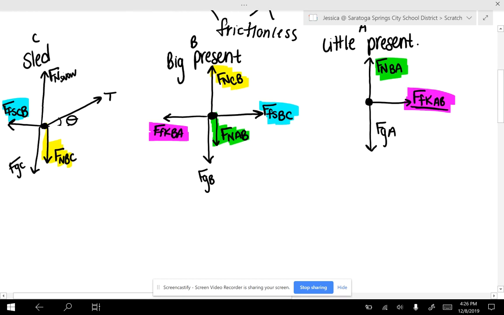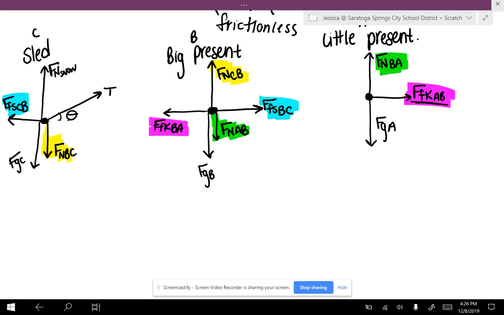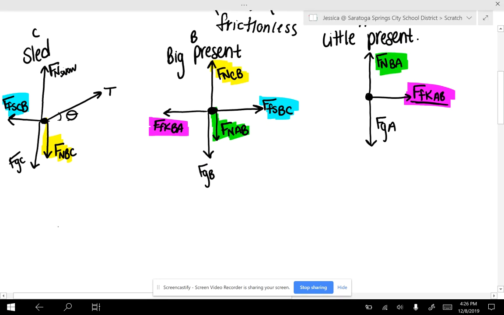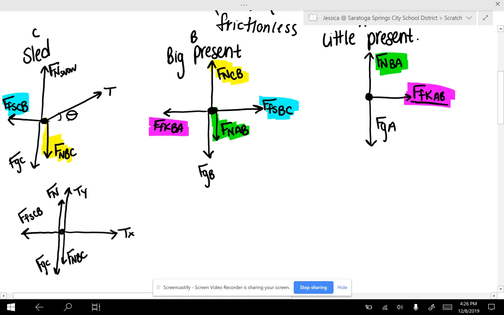Now, the sled needs to have some components of tension acting on it, so I'm going to redraw that one real quick, where we have a Tx, Ty, Fn from the snow, a force of static friction between C and B, force of gravity on the sled, and a downward normal force between B and C. And let me highlight those force pairs.